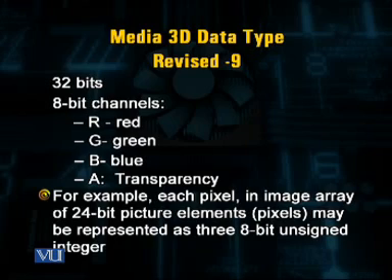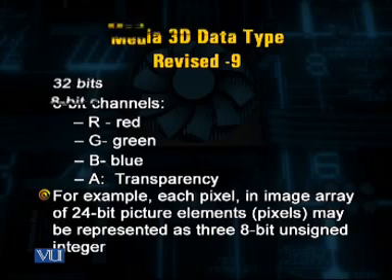Here we are considering 24 bits instead of 32 bits because for this example we are not considering the transparency section. The pixel value can be represented with the help of 3 8-bit unsigned integers as shown over here.